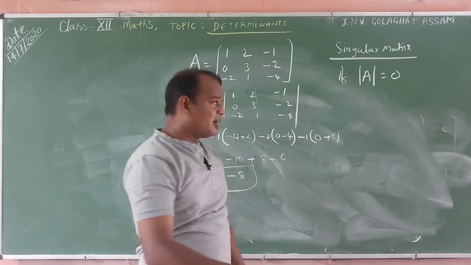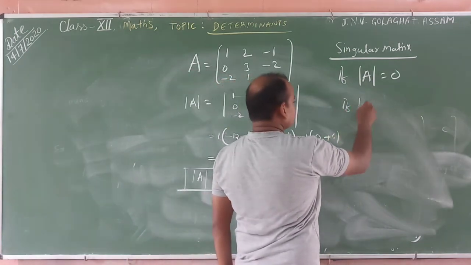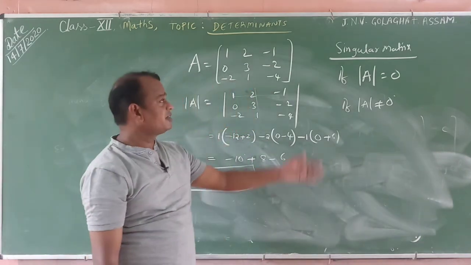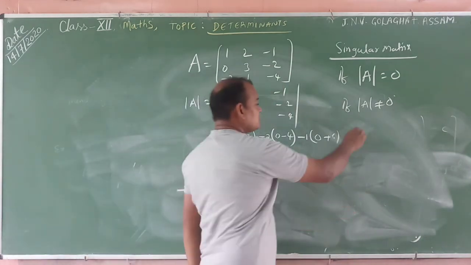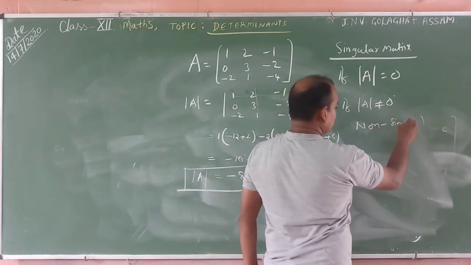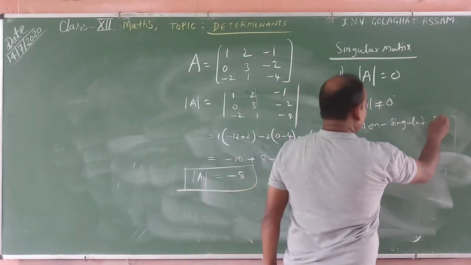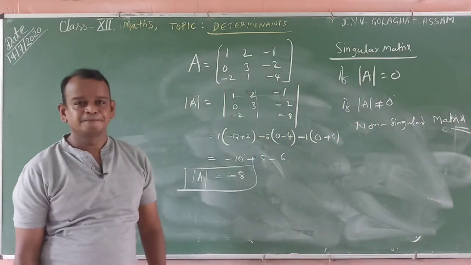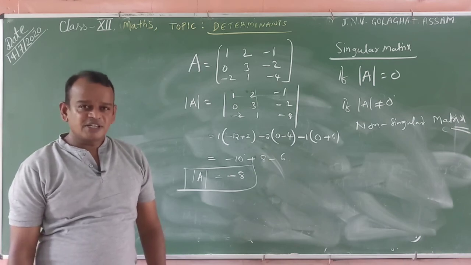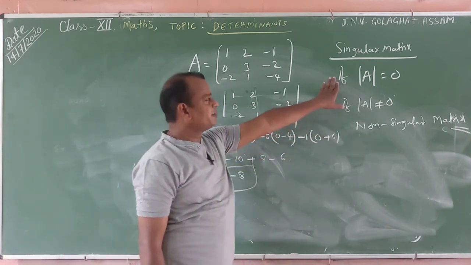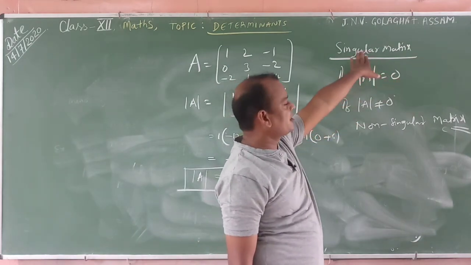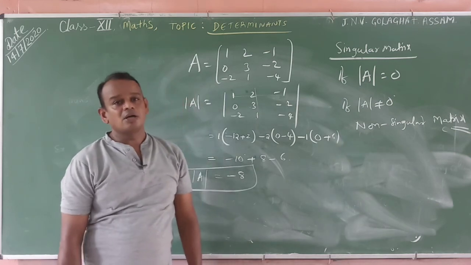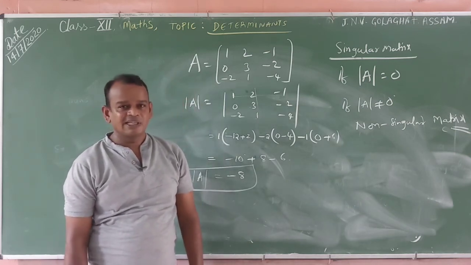If the determinant of the square matrix is not equal to 0, then the square matrix is said to be a non-singular matrix. Understand or not? You remember that one? When the determinant is equal to 0, the matrix is called a singular matrix. When the determinant is not equal to 0, then the matrix is called a non-singular matrix. Okay, thank you.